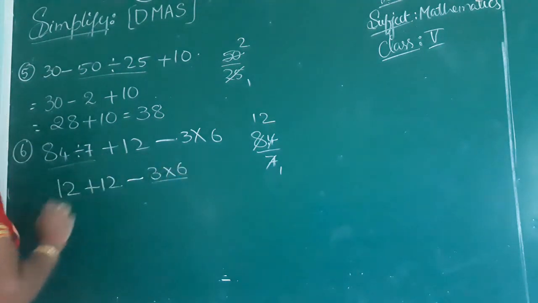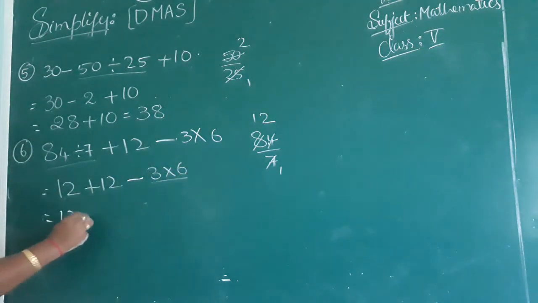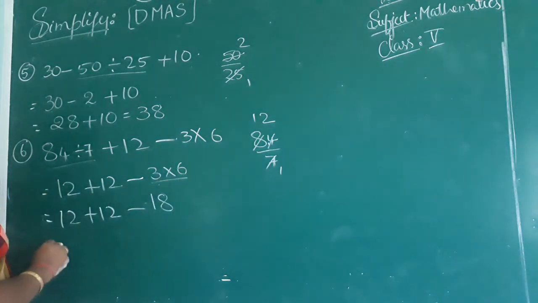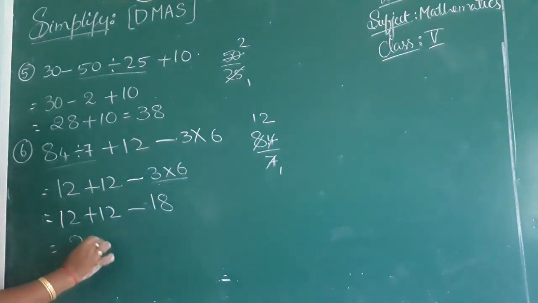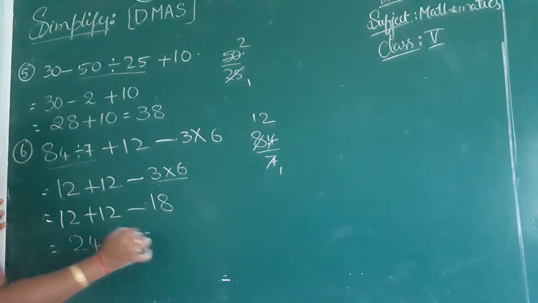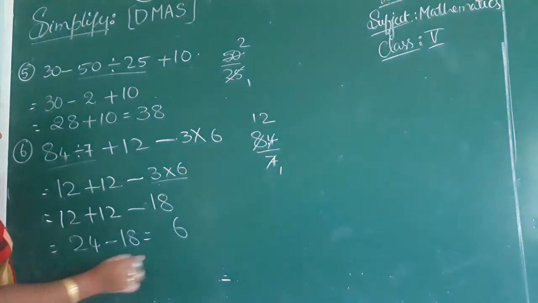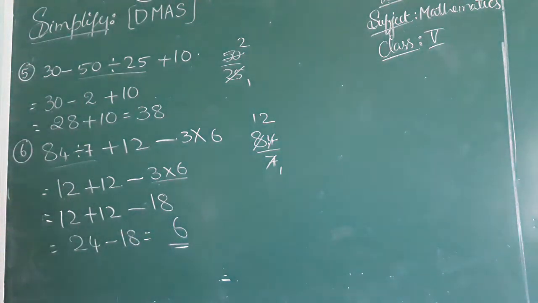Now solve this, 3 sixes are 18. What is 12 plus 12, children? 24. 24 minus 18, 14 minus 8, 6. So 6 is the difference.